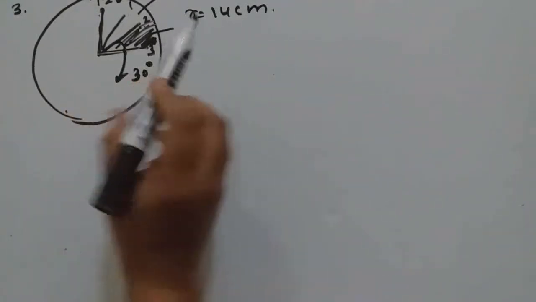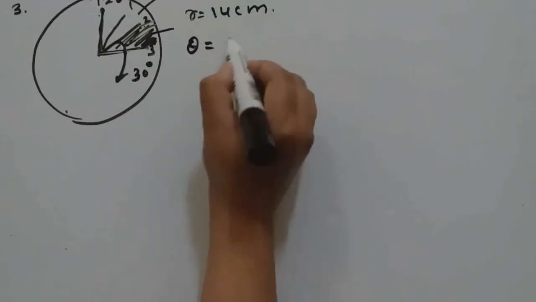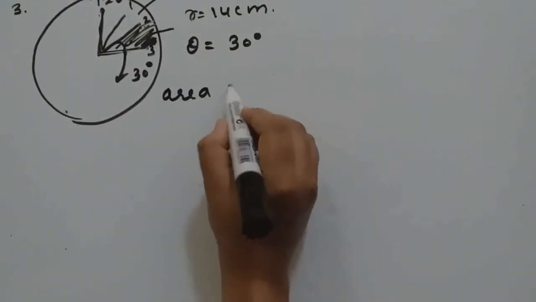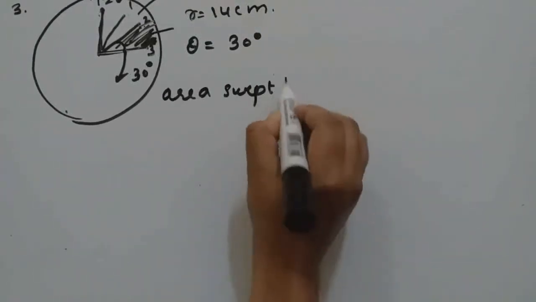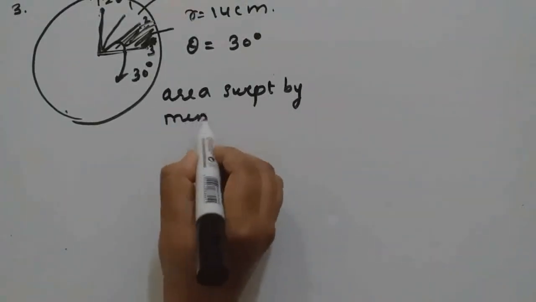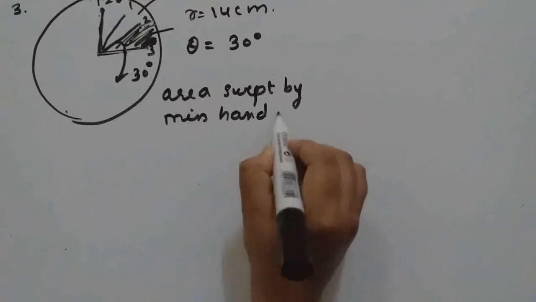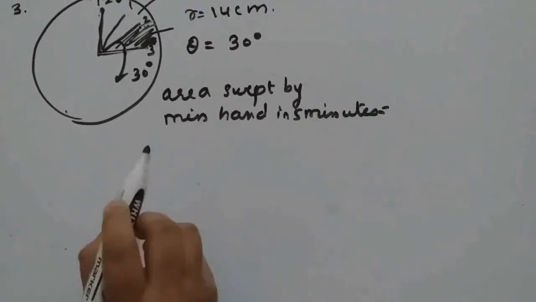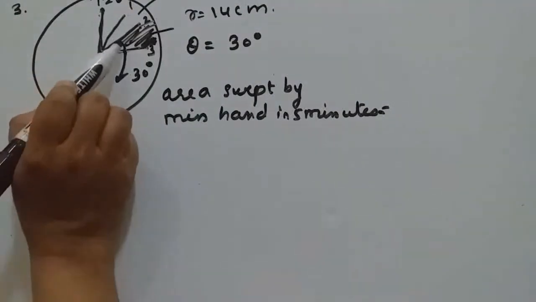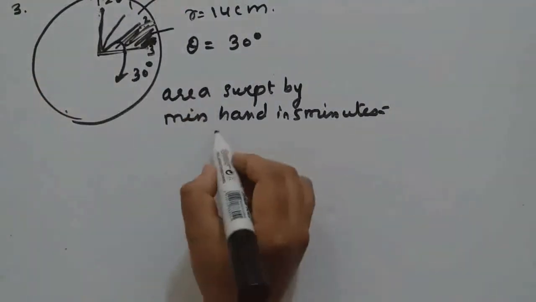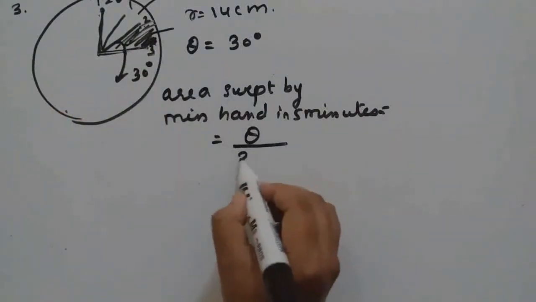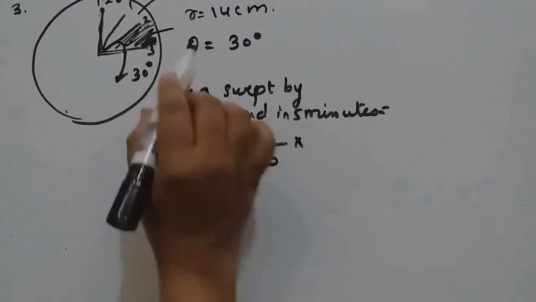A radius is given, so what we will write? Angle is 30 degree. So area swept by minute hand in 5 minutes. Suppose in same question they will ask for 10 minutes, then you should take 30 plus 30, that is 60. So formula is same. Since it is a sector, formula is same, sector area, but theta is 30.